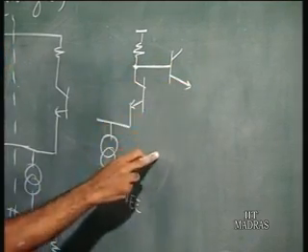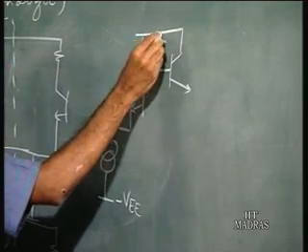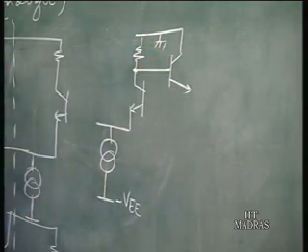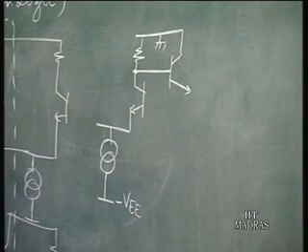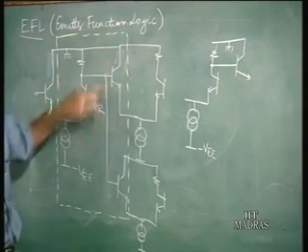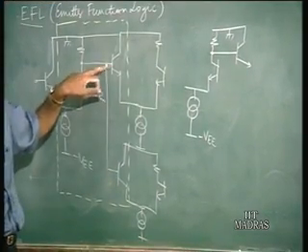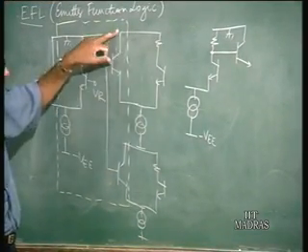So the collector has gone to ground, and if you look at the fan outs, for all of them the collectors are gone to ground, the base is common, only the emitters are different. All the bases are shorted, the collector has gone to ground.